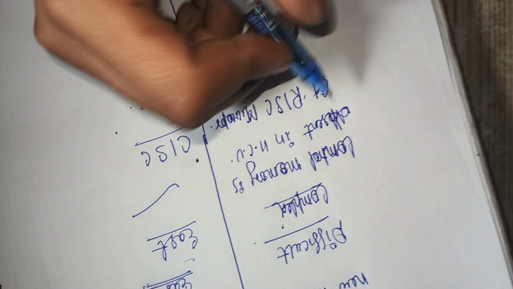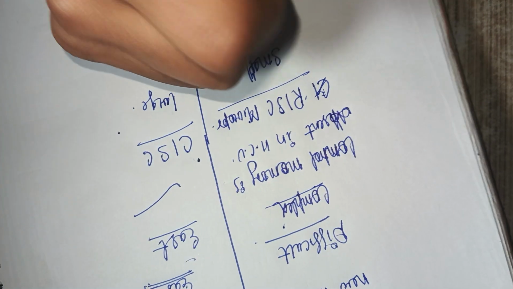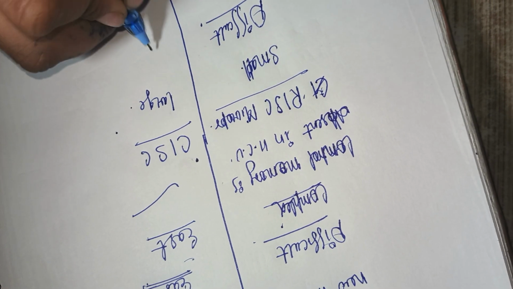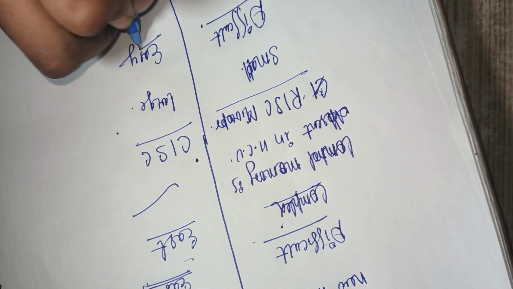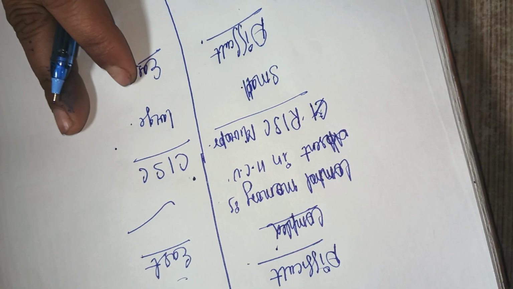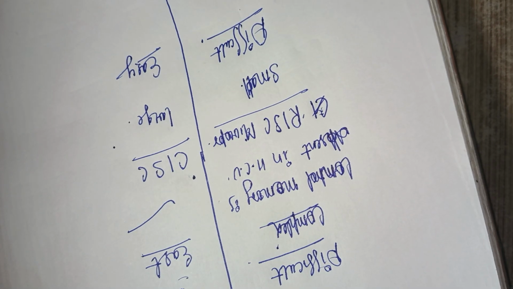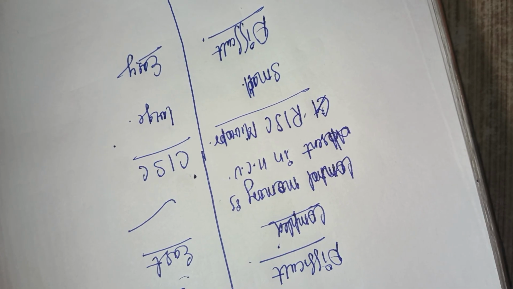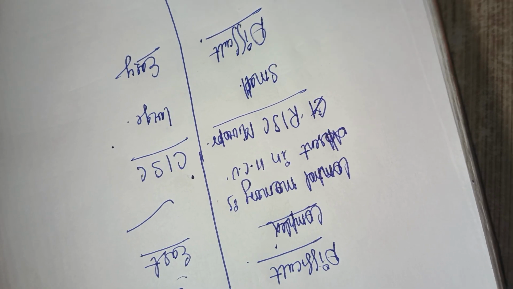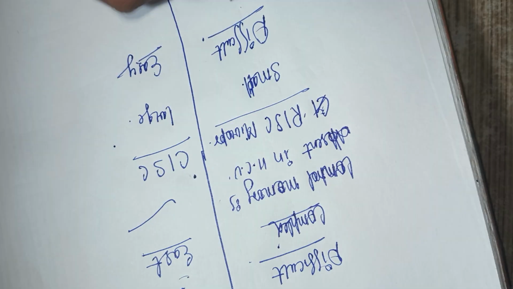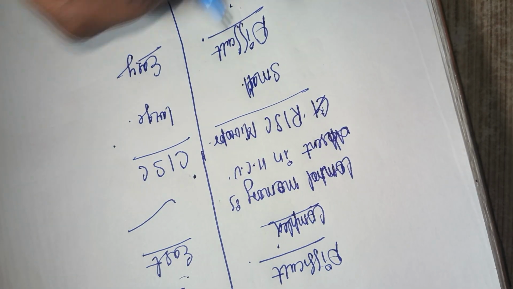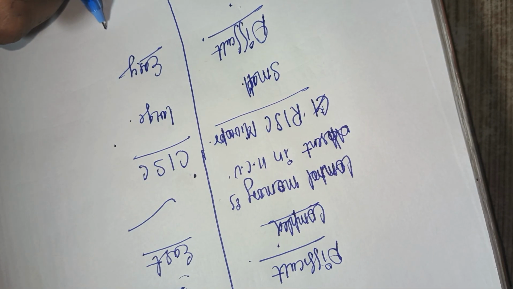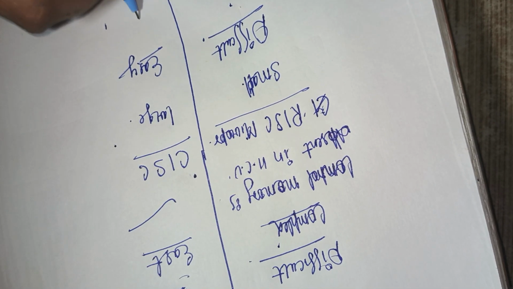And the design process in the hardwired control unit is difficult and it is easier in the microprogram control unit. Chip area required: in the hardwired control unit, the chip area required is less, whereas in the microprogram control unit, it is more.